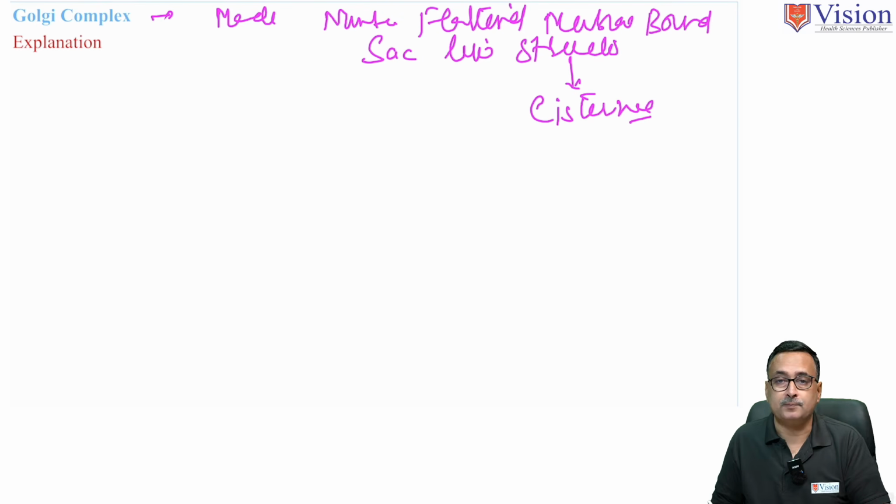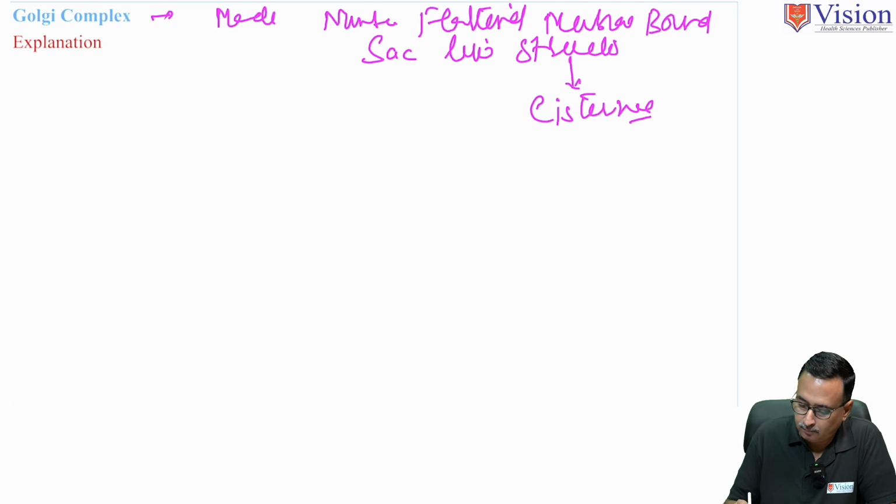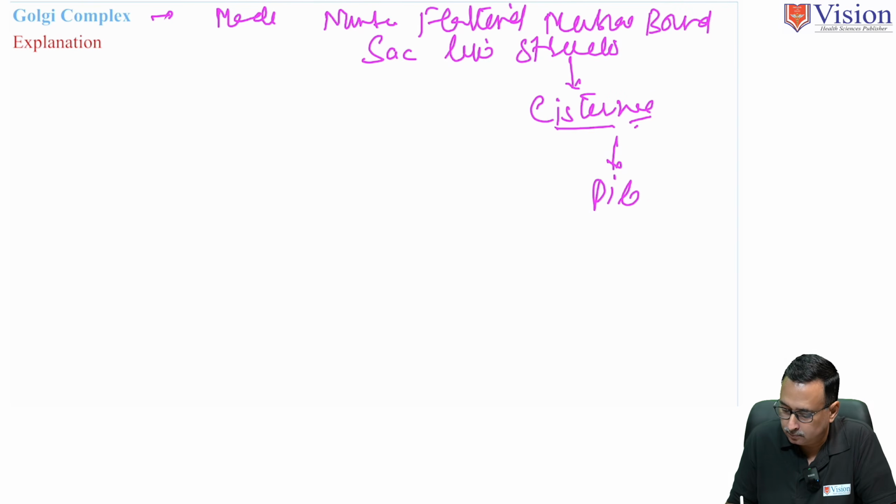Here there is absence of tubules. So these cisterna are placed one above the other to form a pile of cisterna or a stack of cisterna.